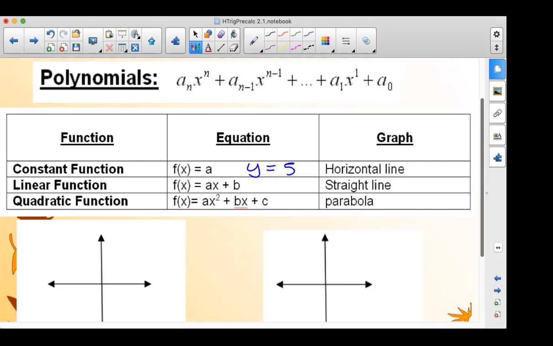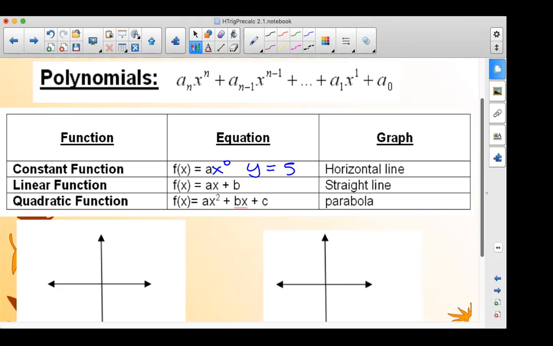But it's just our horizontal line. This is still considered a polynomial function because my power is 0. So x to the 0 power, well, there's still an x there, it just has a 0 power. That coefficient in front is what's creating our constant line at whatever place it happens to be.